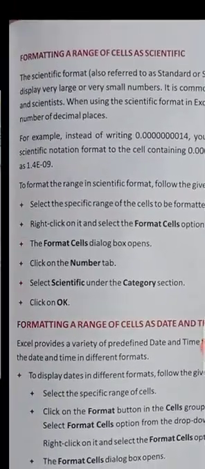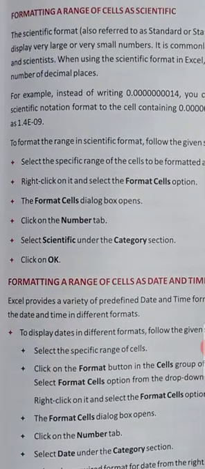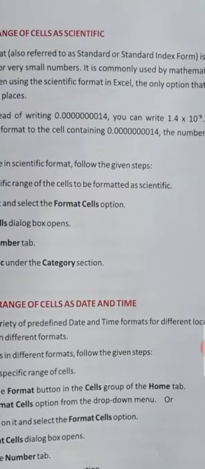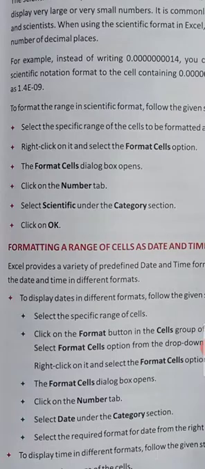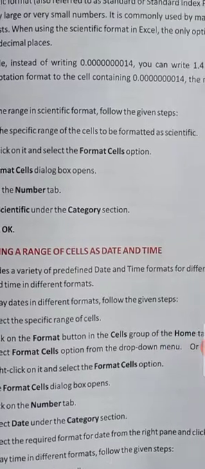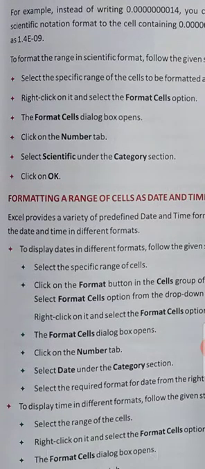When using the scientific format in Excel, the only option that we can set is the number of decimal places. For example, instead of writing 0.00000014, we can write 1.4 into 10 to the power minus 9. If you apply scientific notation format to the cell containing the number, it will be displayed as 1.4E-09.